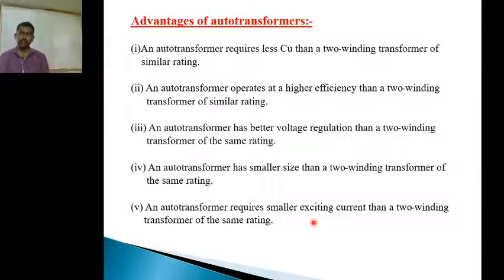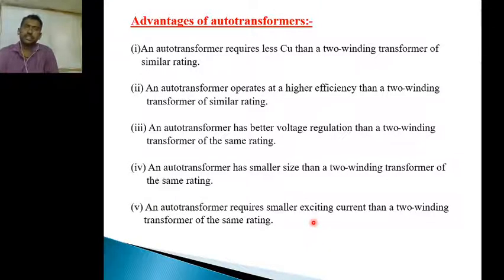So when compared with the two winding transformer, the auto transformer has so many advantages. That means copper required is less, higher efficiency, better regulation, smaller size, and required less exciting current.